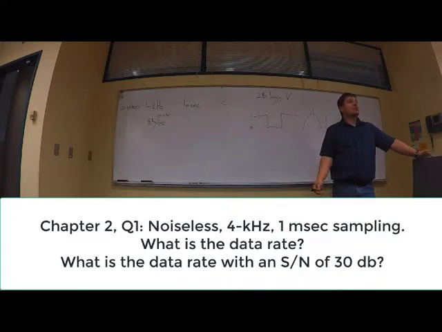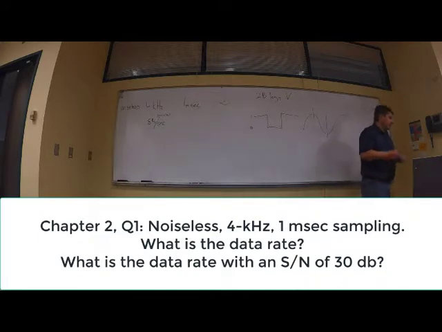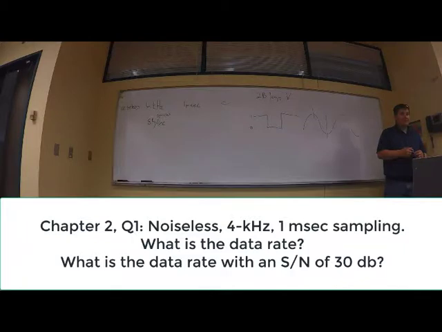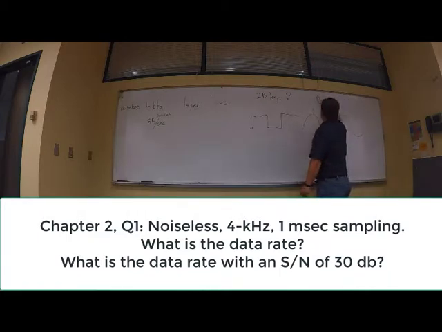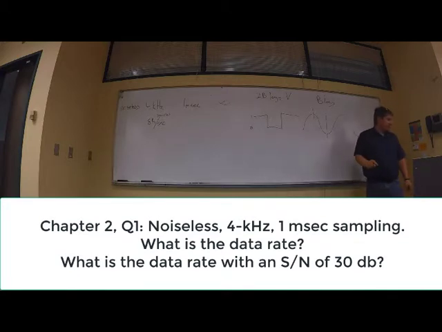Decibel is a measure of signal to noise ratio. So we need Shannon's. What's the formula for Shannon's? B log 2 of 1 plus the signal to noise ratio. And that's the actual ratio, not the logarithmic representation.